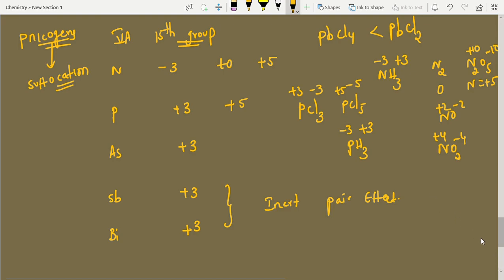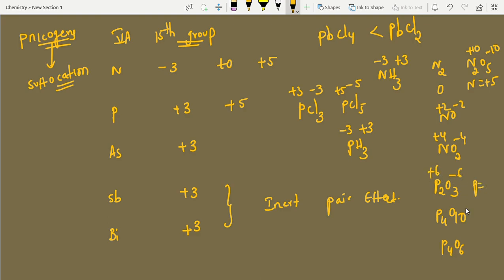Phosphorus forms a variety of compounds, P2O3, P4O10, P4O6, depending on the combining capacity of the element. Here also minus 3 to plus 5 it can show. This is minus 6, plus 6. In P4O10, this is minus 20, plus 20.